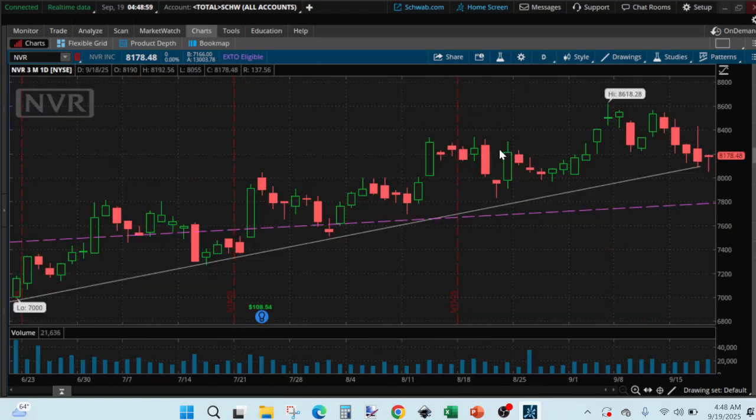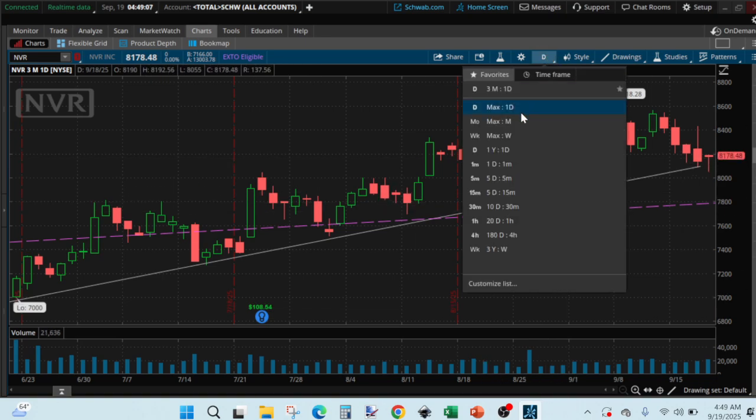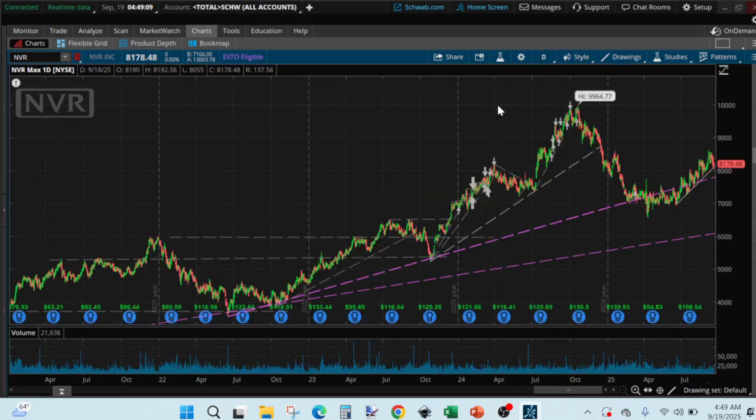Even if we do 3 months, you can see 3 months here. It's just very close to you, so you may not know exactly what is going on if you are using large cap, if you are using long option swing trading strategy.